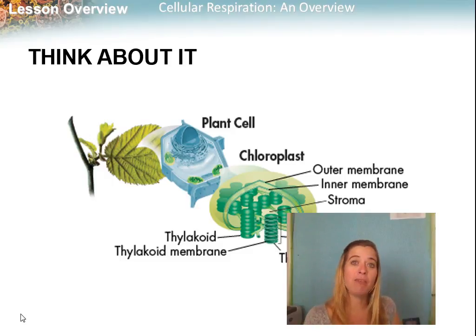Now the stacks of pancakes are called granum, grana for plural, and the grana are these stacks of solar-powered generators. The fluid in between is called the stroma. The stroma is like cell cytoplasm in that it's not just a clear water fluid, it's like a soup of proteins and enzymes and nutrients. All sorts of stuff happens inside the stroma.